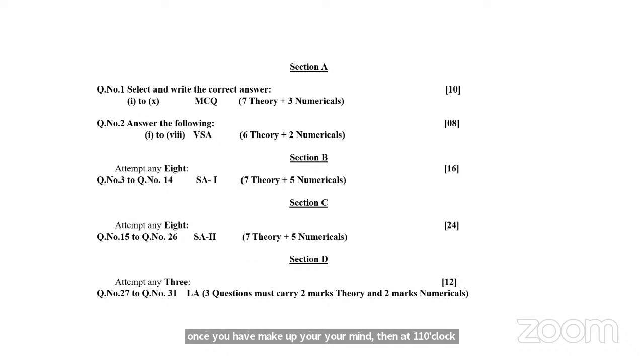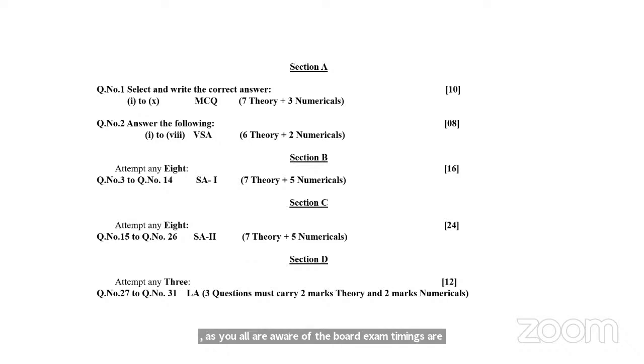In that 10 minutes time, I would suggest that you don't read section A. Why? Because anyway, section A is a compulsory section for you. So you don't have to make any decision there. That is why this suggestion is there, that the 10 minutes time which is given to you to read the question paper, you can spend to make a choice of what is to be attempted from sections B, C and D. And once you have made up your mind, then at 11 o'clock, as you all are aware, the board exam timings are 11 to 2.